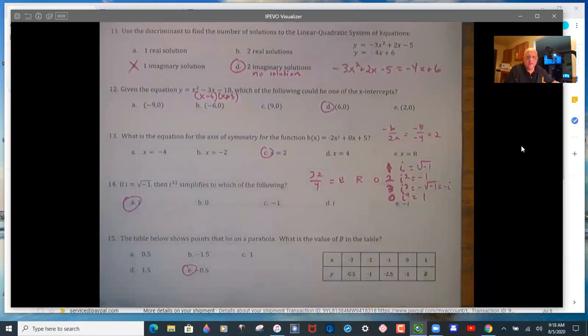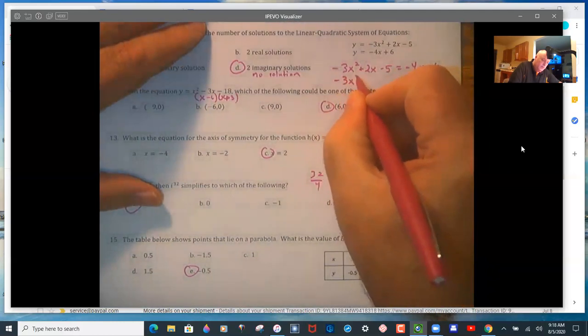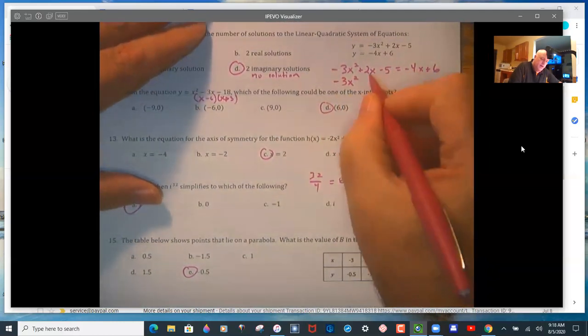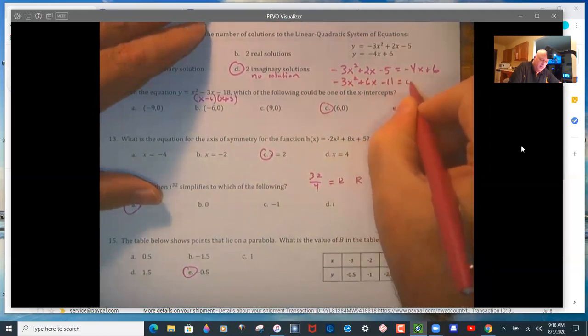Use the discriminant to find the number of solutions to that linear quadratic system. So set them equal, and then take everything to one side. So we'll actually do this, add 4x, so that's 6x, subtract 6, that's minus 11.